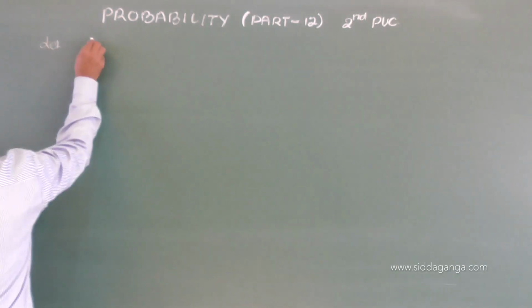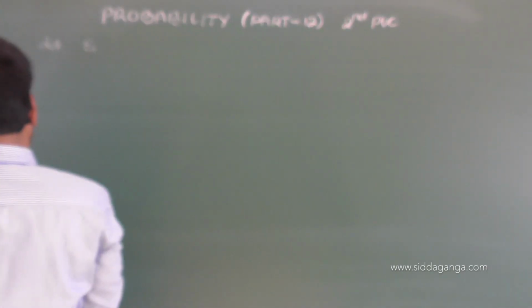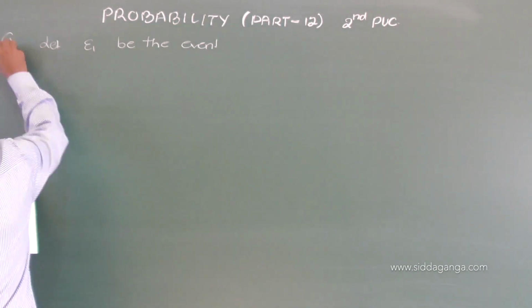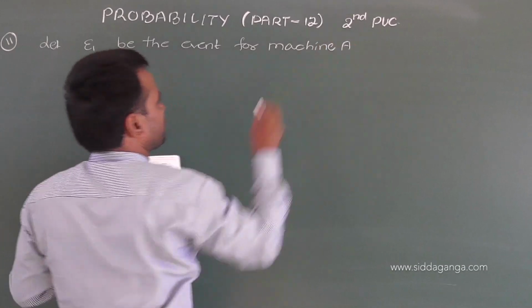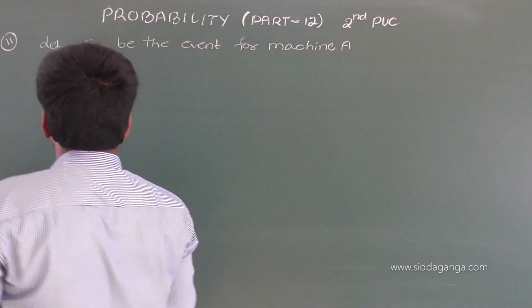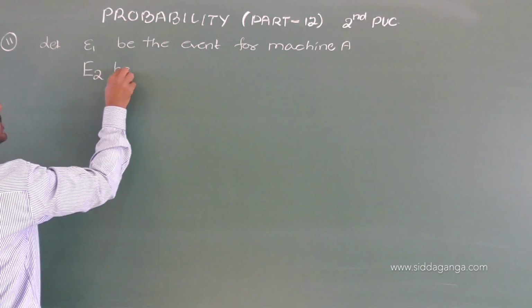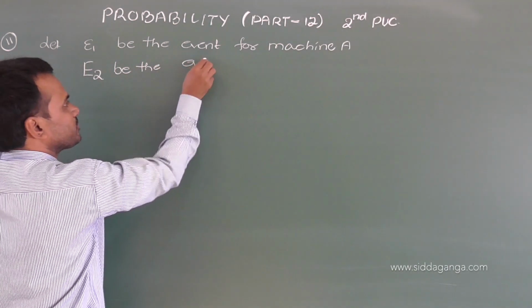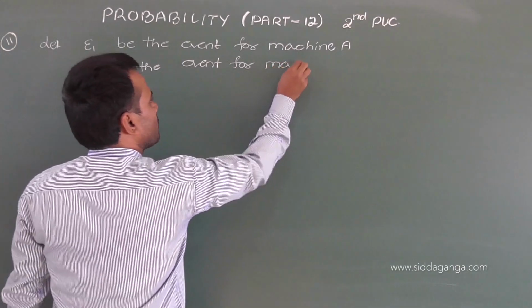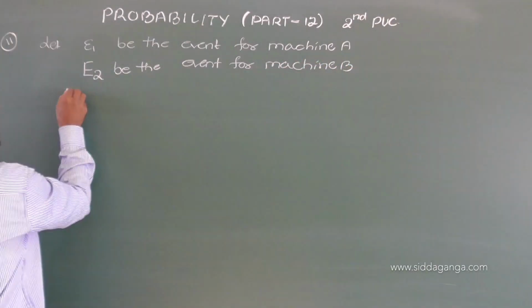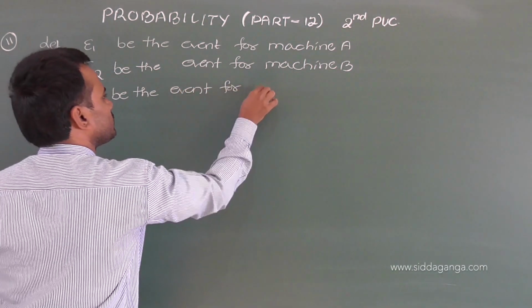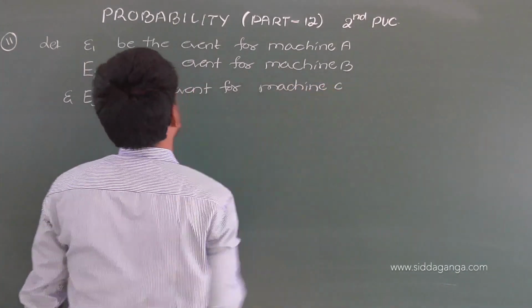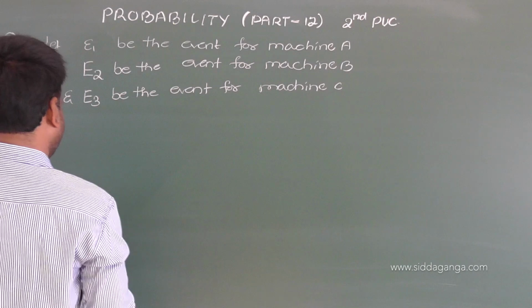Let E1 be the event for machine A. Next, E2 be the event for machine B, and E3 be the event for machine C.